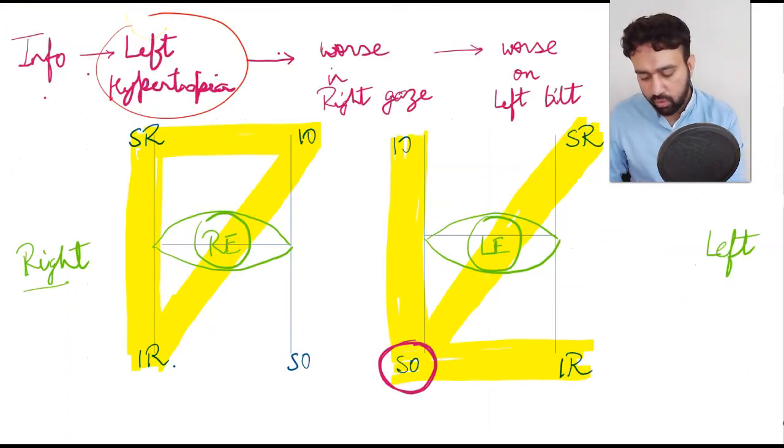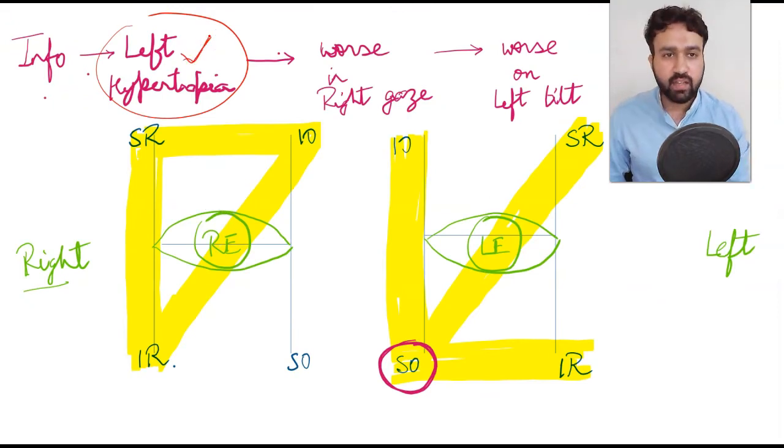So now we know that the left eye is hypertropic, correct? That means the left eye is on a higher level compared to the right eye, correct? What that means is that either the depressors of the left eye are weak or paralytic, or the elevators of the right eye are weak or paralytic, correct?